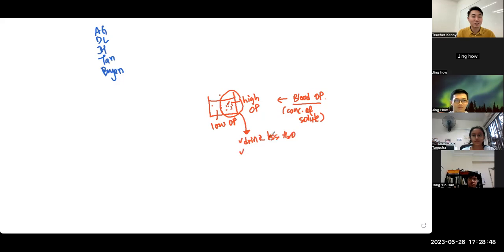Give me other ways we can increase the OP. Anyone? Sweat a lot. Okay. What is OP again? Osmotic pressure, that means the concentration of solute. So we sweat a lot, we lose a lot of water.